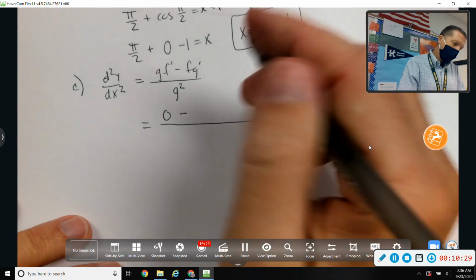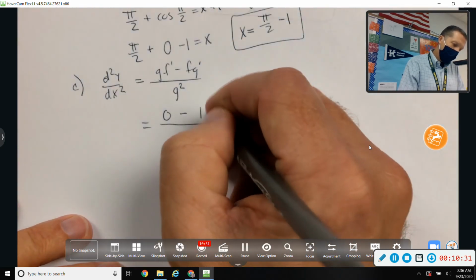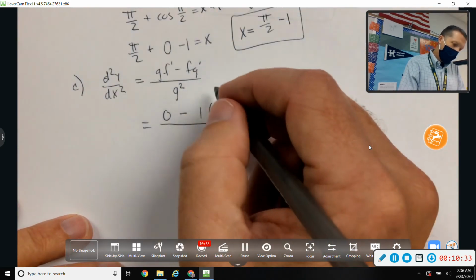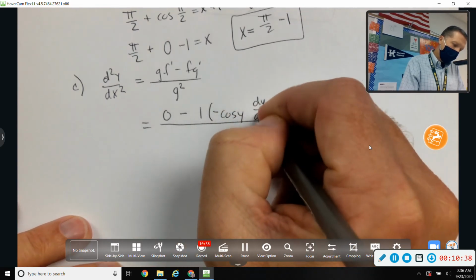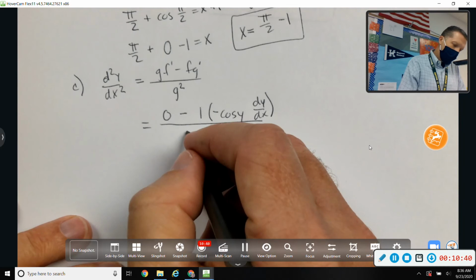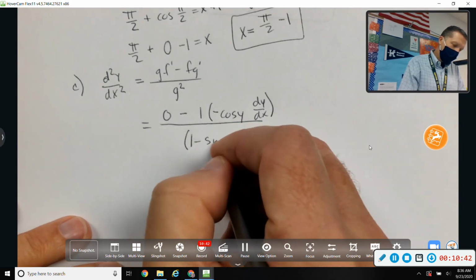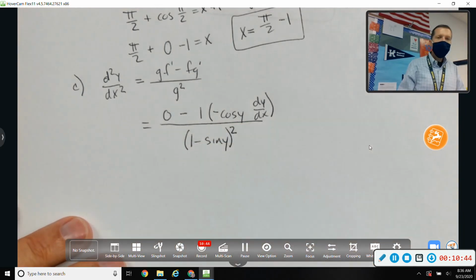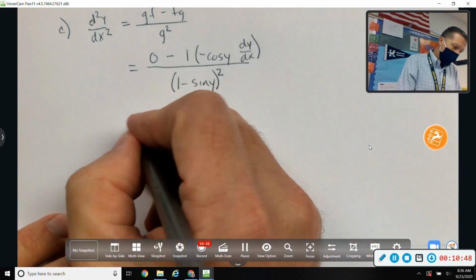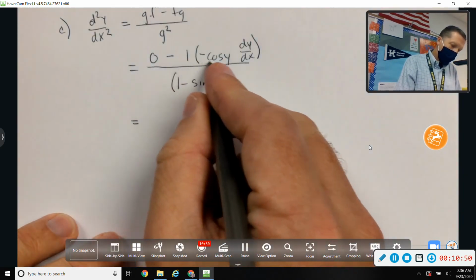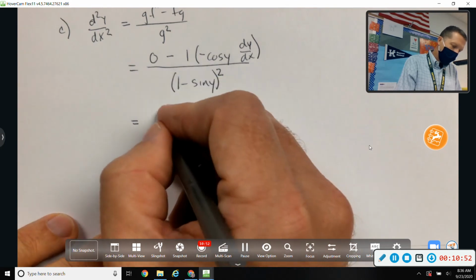Minus, the other way, f is 1. g prime is negative cosine of y times dy/dx, over g squared, (1 minus sine of y) squared. So that becomes positive in the top.